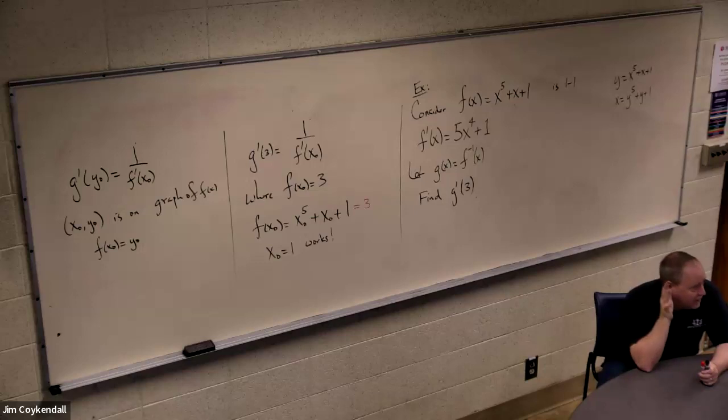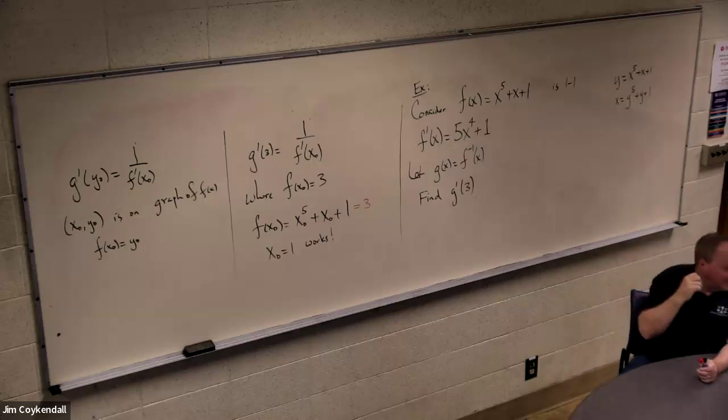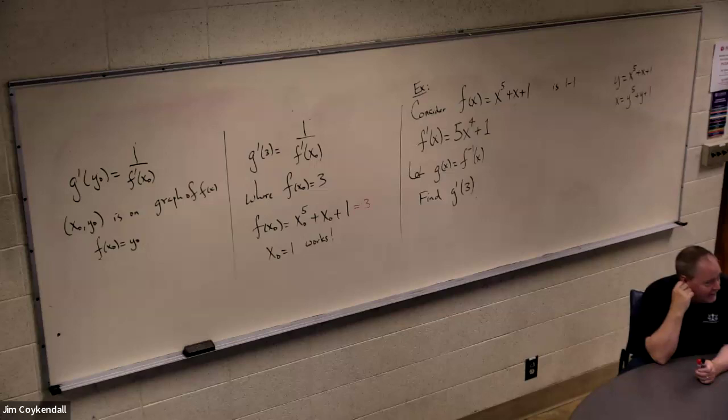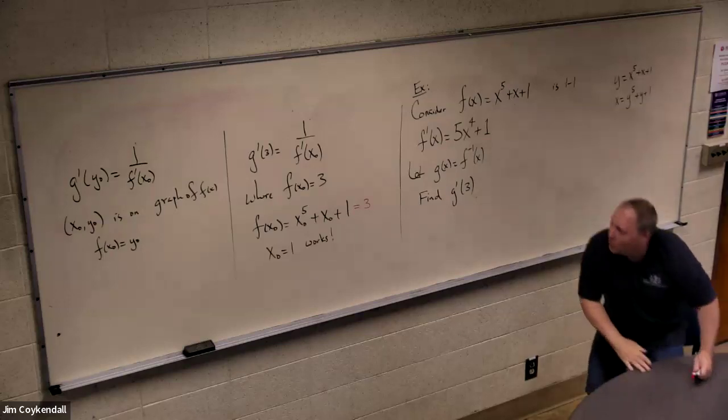He found the point where the y coordinate is 3. Why is there no other place on the function where the y coordinate is 3? Because what do we know about the function? It's one-to-one. If there was another solution, you could pass a horizontal line through those two solutions. So the fact that it's one-to-one settles it.